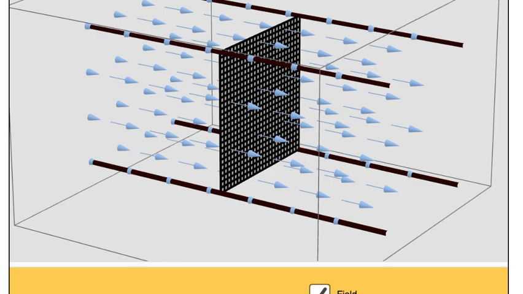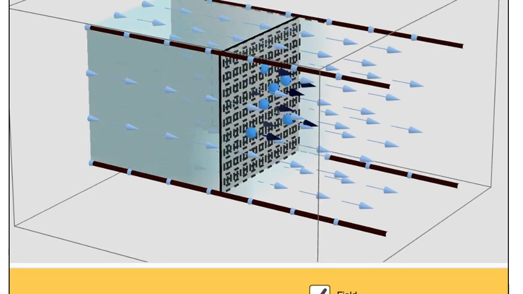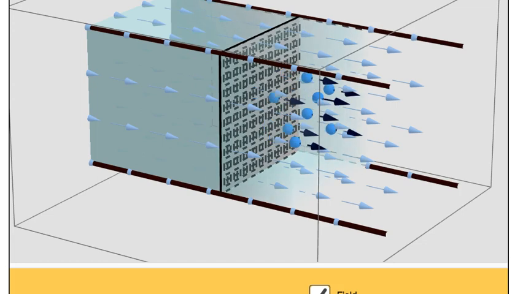All the fluid must pass through the surface as it moves along the tube, and so in this situation the flux is maximal because the velocity and the normal vector to the surface are completely aligned. In other words, the angle is 0, so cosine of 0 is 1. And here you can see an animation of all the particles having to go through this surface.